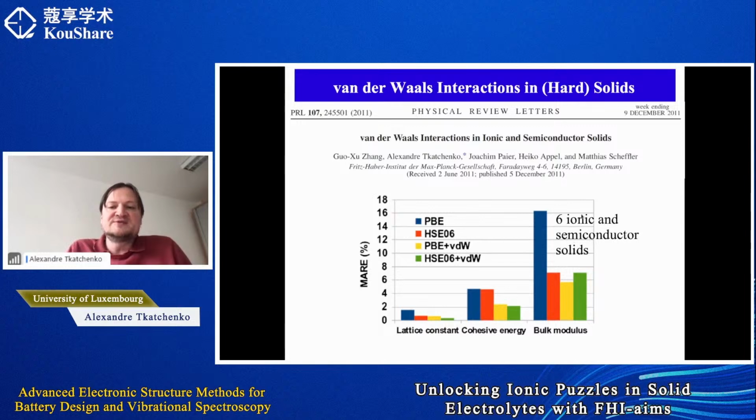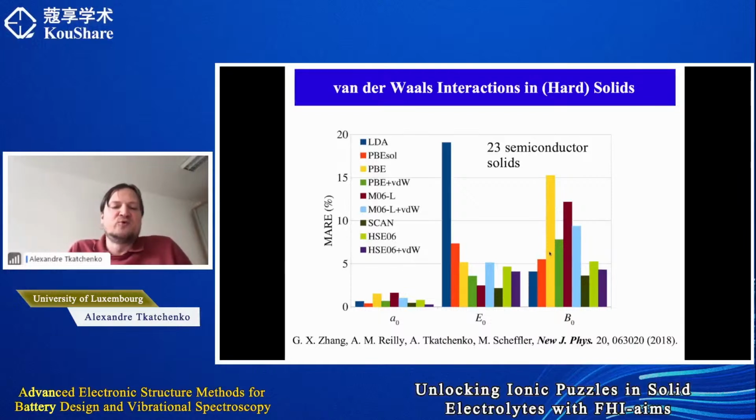We only did this for 6 ionic and semiconductor solids, and then in 2018, we went ahead and actually did it for a large range of solids. In this case, this is the example of 23 semiconductor solids, where you can see that the inclusion of van der Waals interactions in HSE functional in particular actually gives you results that improve on the parent functional always for the lattice constant, the cohesive energy, and the bulk modulus at the same time.